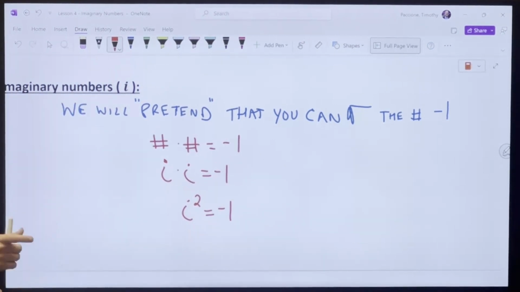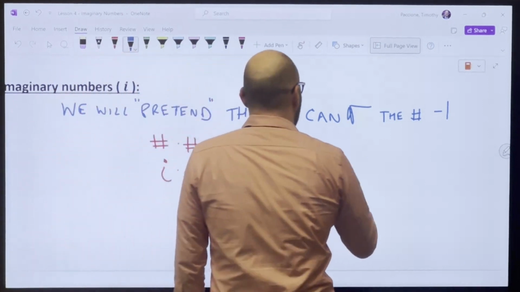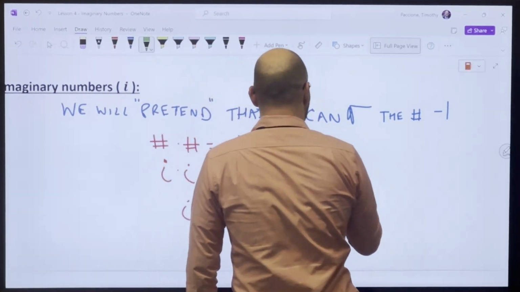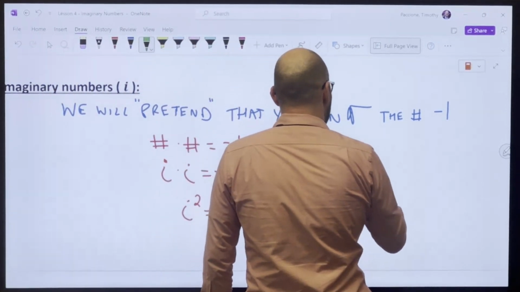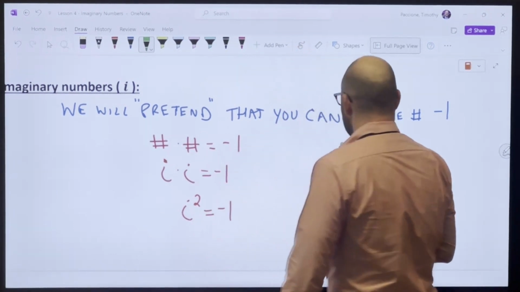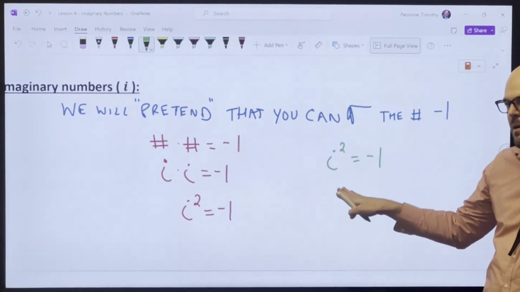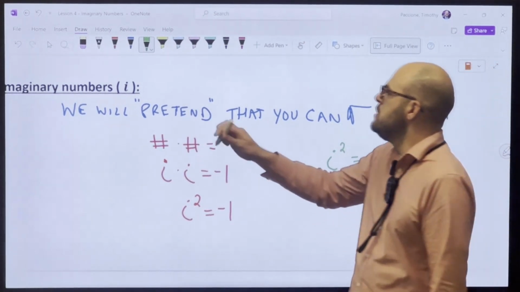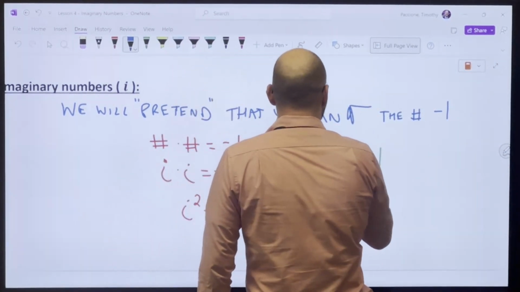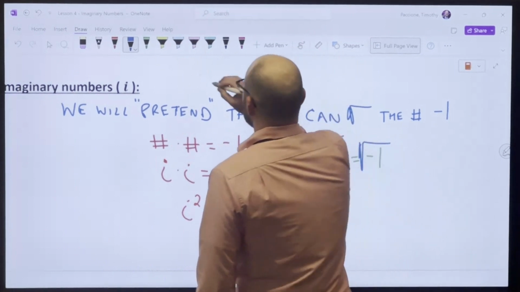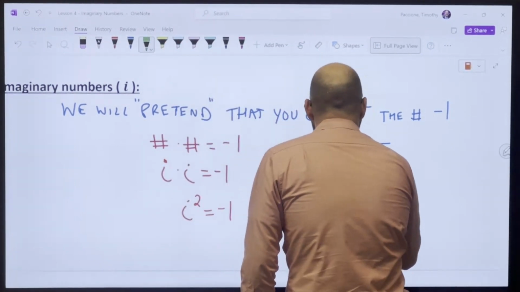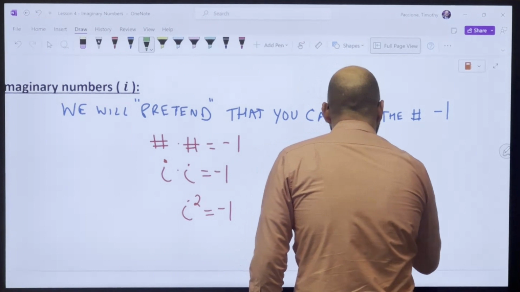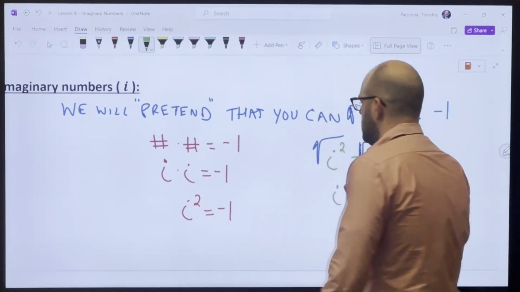And the other thing we know is that if i squared equals negative 1, well, think about if this was a problem that I asked you to solve for i, what would you do? Square root. So if I square root this, I found my i is the square root of negative 1. Okay?